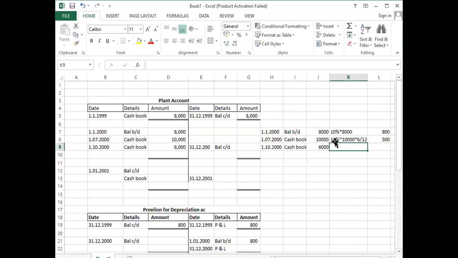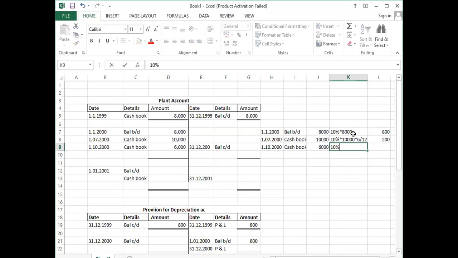What about this other machine that we bought on 1st October? 1st October year 2000. What would be the depreciation? Very fast. We can respond 150. Maybe you are correct. So it will be 10%, right?